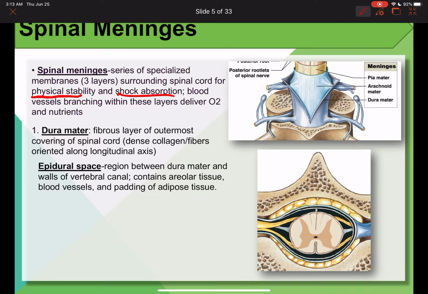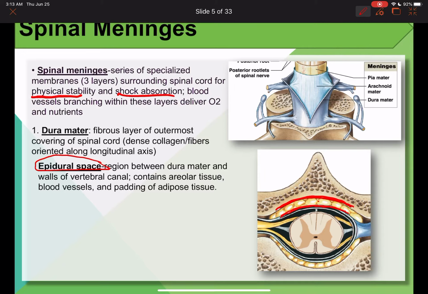Now, what's different in the spinal cord for dura mater is that between the dura mater and the walls of the vertebral foramen of each vertebral bone, so this white line right here is the dura mater. This is that back wall of the vertebral foramen, okay, and you see something in between. So that something in between is a space called the epidural space, and can you easily remember where that is?